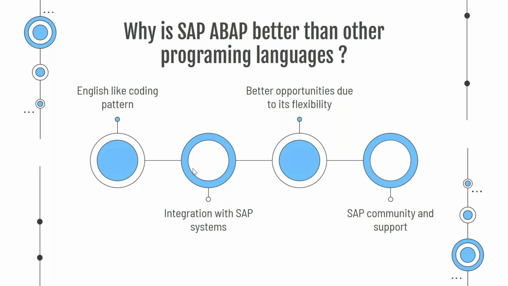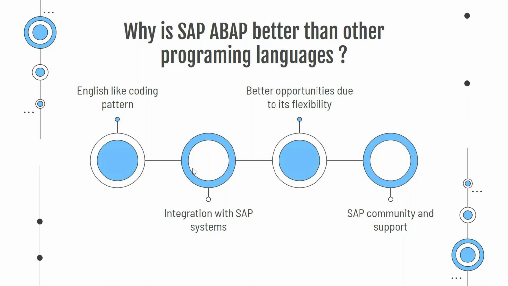In this portal, every day people will be posting things like the errors that they are getting, or if they are stuck at any point, if they want any help, they'll be posting their questions in this portal, and the existing SAP developers across the world will look at those queries and give you the solutions in the SAP community. Okay, so the SAP community is a portal driven by SAP itself.